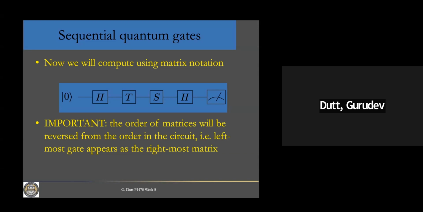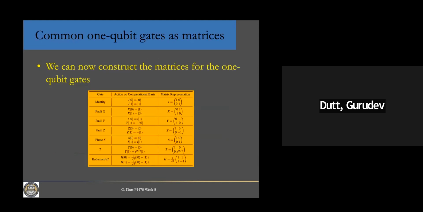Okay, so let's write down our matrices first. H, which I just flashed on the previous slide, is the matrix 1 over root 2, with the plus state from 0 and the minus state from 1.